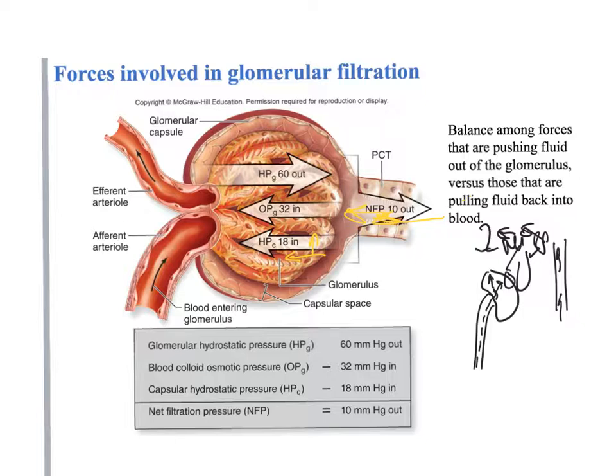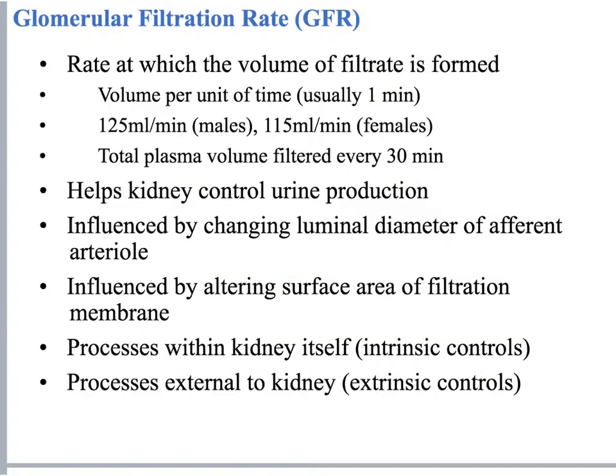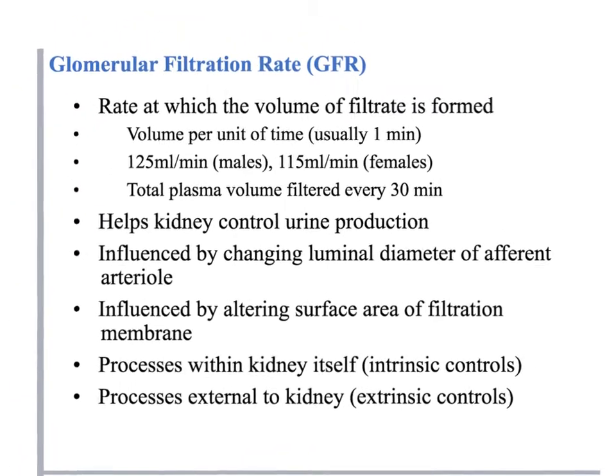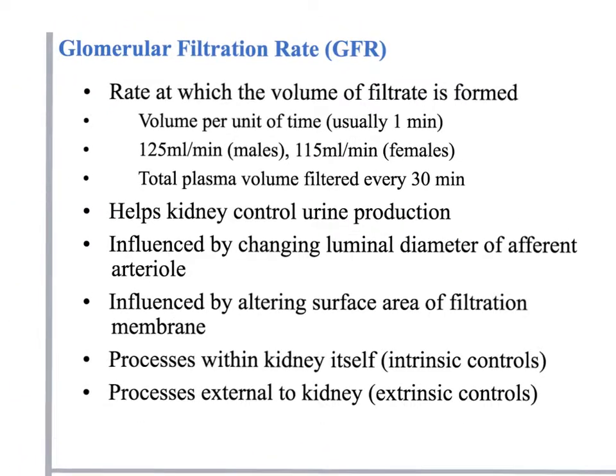But that's an example of the hydrostatic pressure, a pressure that's forcing stuff to stay in the blood. Overall, the blood goes through these glomeruli all the time, and you have a GFR, or glomerular filtration rate.